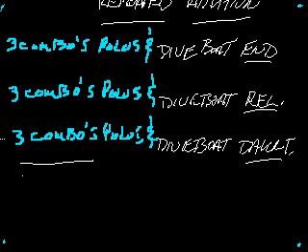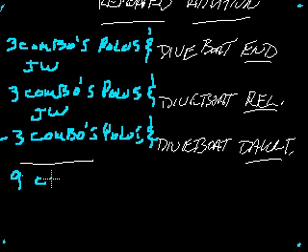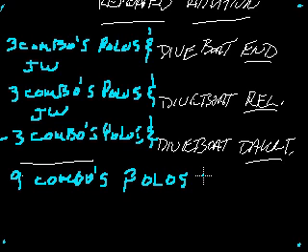And what do we do here? We simply have the repeated addition, and it's 3 combos joined with 3 combos joined with 3 combos, and we get 9 combinations. Polos and boats.